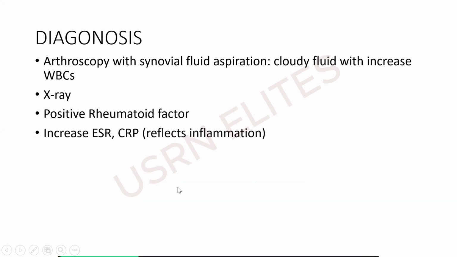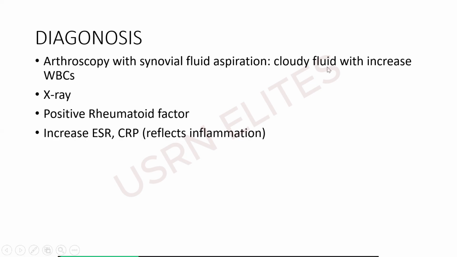So how are you going to diagnose? We have arthroscopy. With this, they are going to aspirate with the help of the scope the synovial fluid for investigation. And what are they going to see? You can see that the synovial fluid is what?